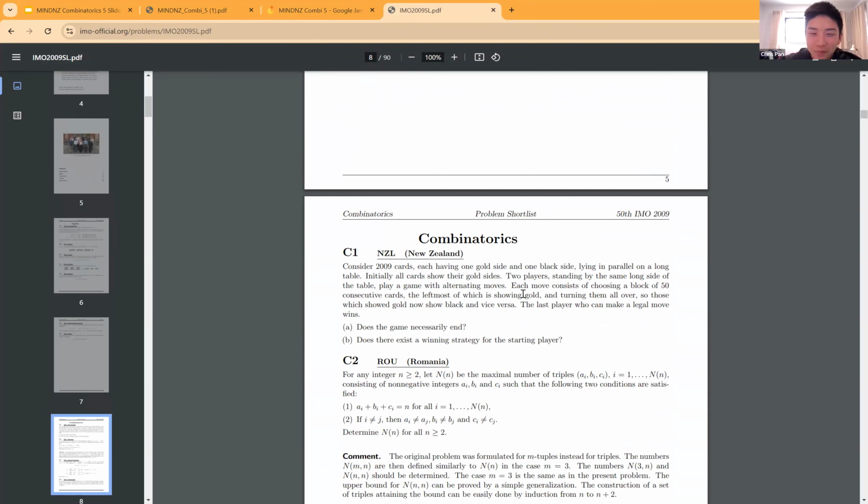I thought it was a 2009 British problem, from the British Math Olympiad. I don't think this idea is very original, right? But I just want to point it out because New Zealand, very cool.